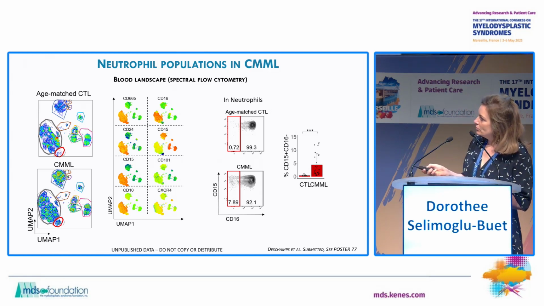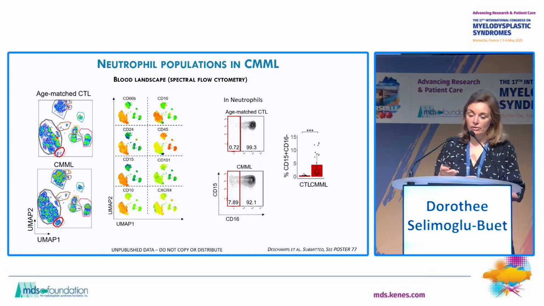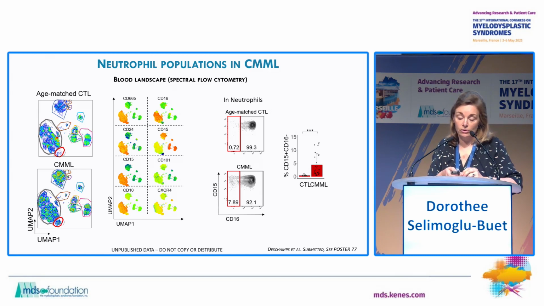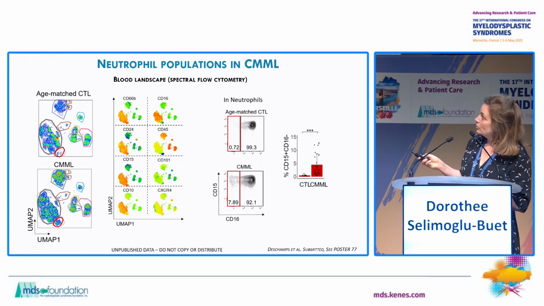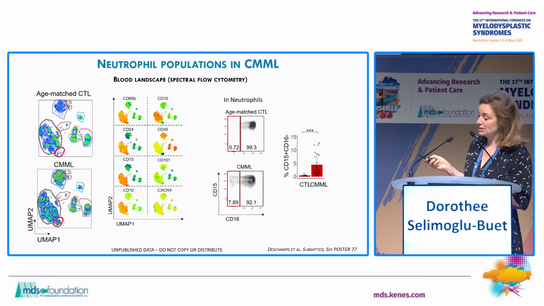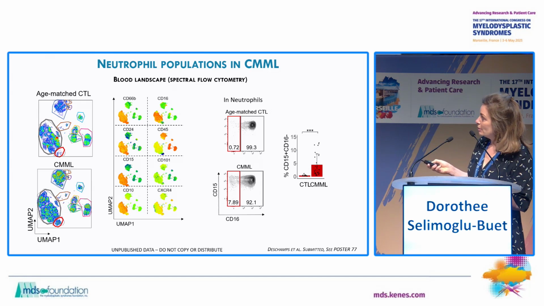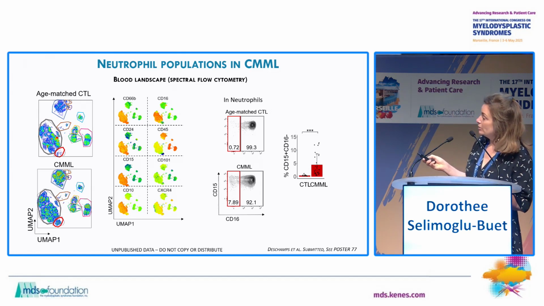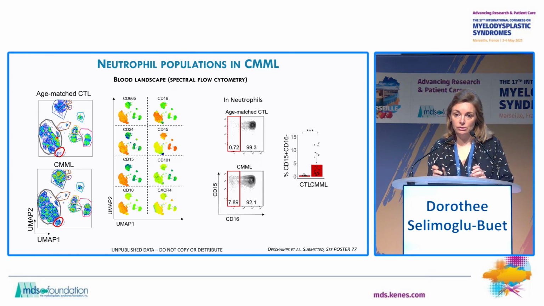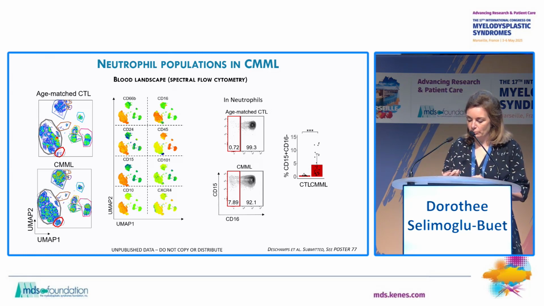When we look more carefully at the expression markers of these cells, we found that these cells are immature neutrophils, and in particular, all the neutrophils here in age-matched control are CD15, CD16 positive, whereas in CMML there is a fraction of them that are CD15, CD16 negative. This fraction is very heterogeneous in CMML samples, whereas in control it remains at a very low percentage.